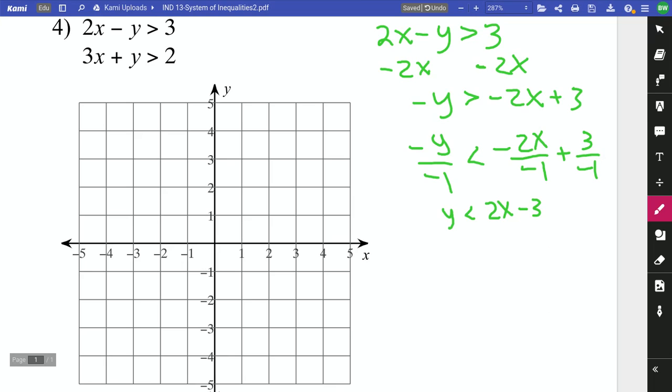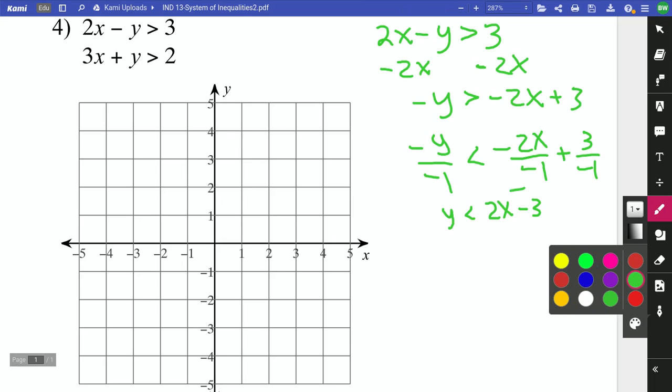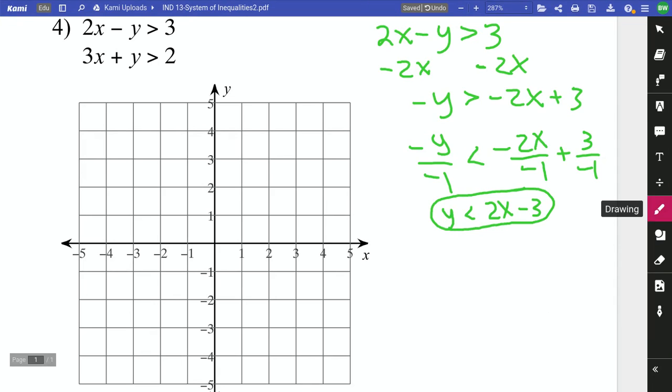I'm going to first put a circle around that one so we'll know that's the one we're going to graph. Okay, so the other one is 3x plus y greater than 2. And this one won't take as many steps, right?